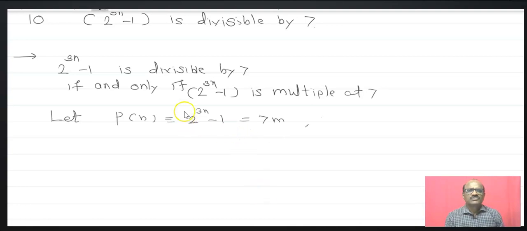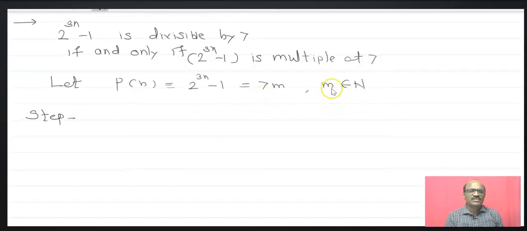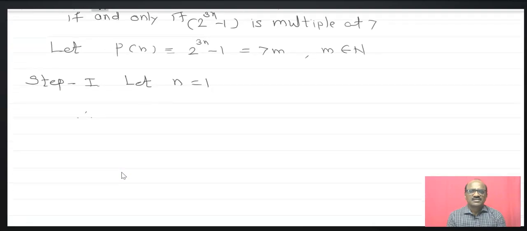That is, 2 raised to 3n minus 1 is equal to 7n, where n belongs to the natural numbers N. Now step number 1: let n equal 1.